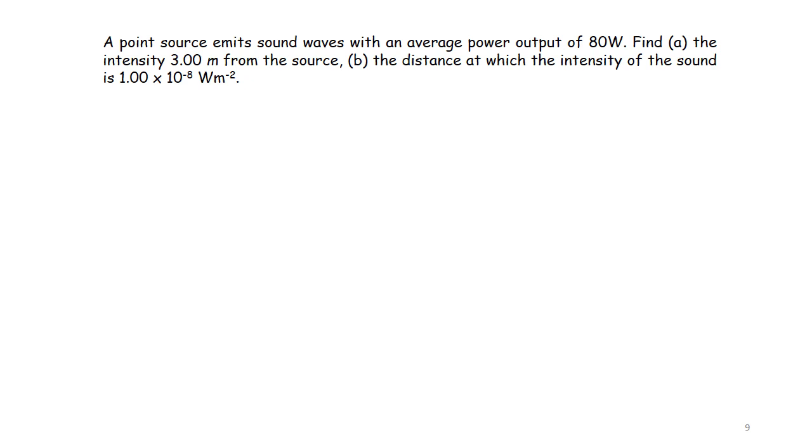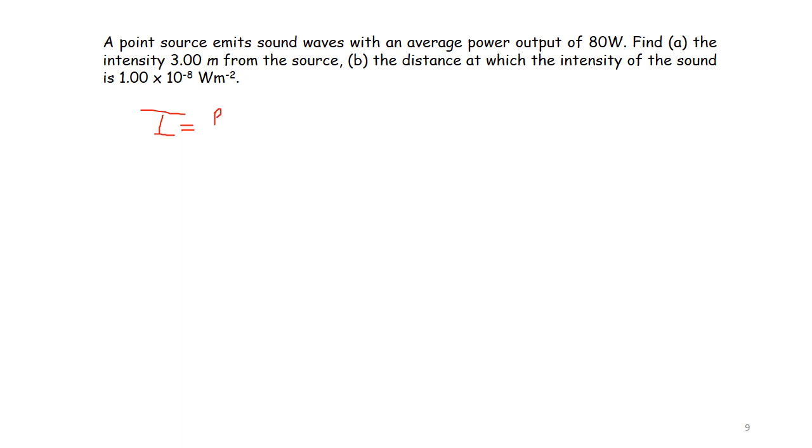Now, what will be the intensity at 3 meters from the source? And at what distance will the intensity of the wave be this? Recall that we said intensity is related to power, is that not?